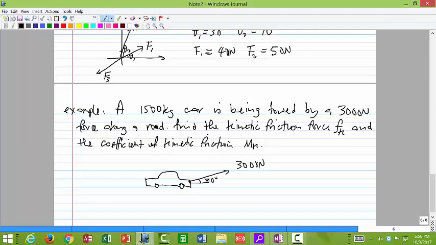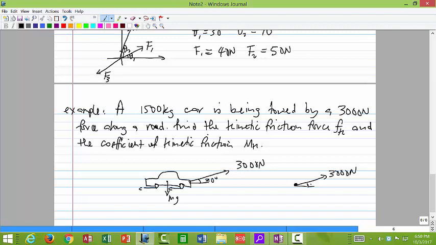This is 20 degrees. And you know the mass of the car or the weight. You can put support force. And we have the frictional forces here. So the free body diagram here is like that.